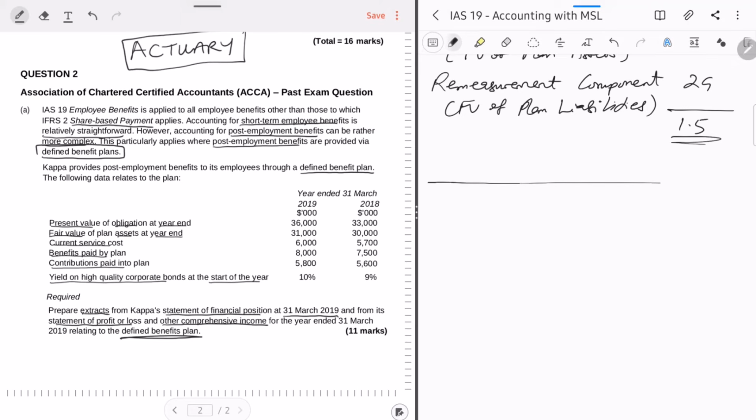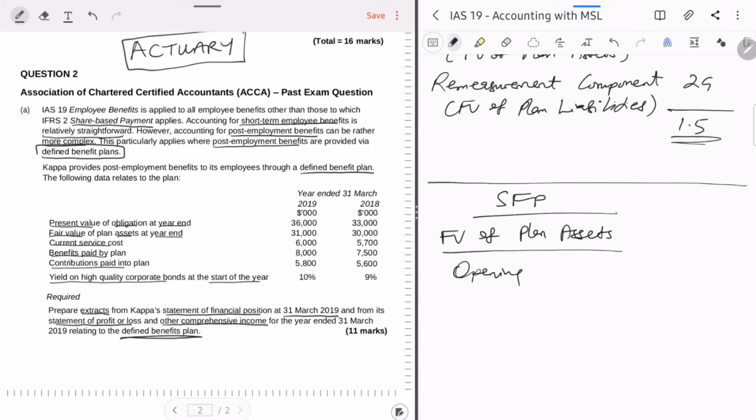So in this second question, as usual, let's start with the statement of financial position. So let's start with our fair value of plan assets. So here, what goes into the fair value of plan assets? We know that it's a number of things. So what is the opening fair value of plan assets? Watch it carefully.